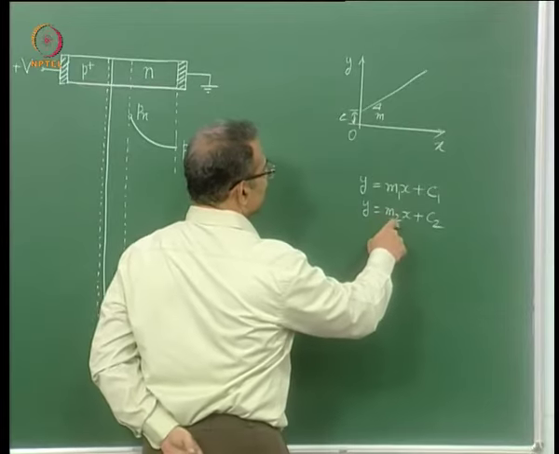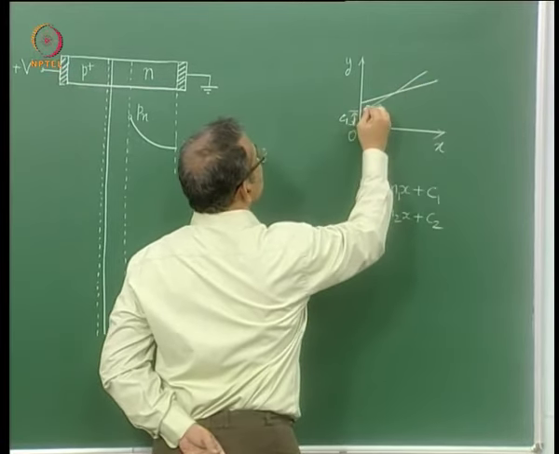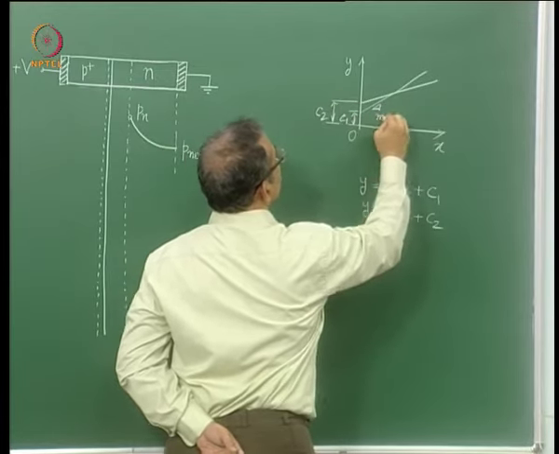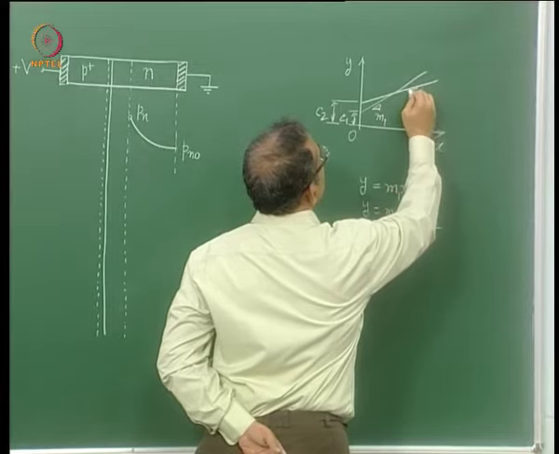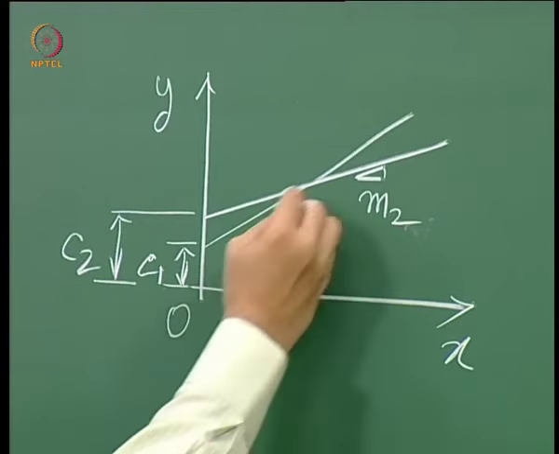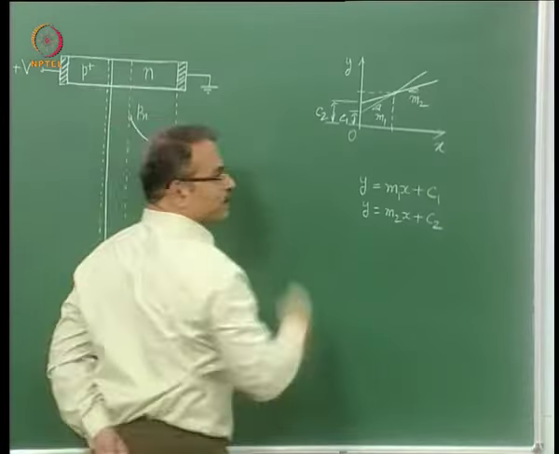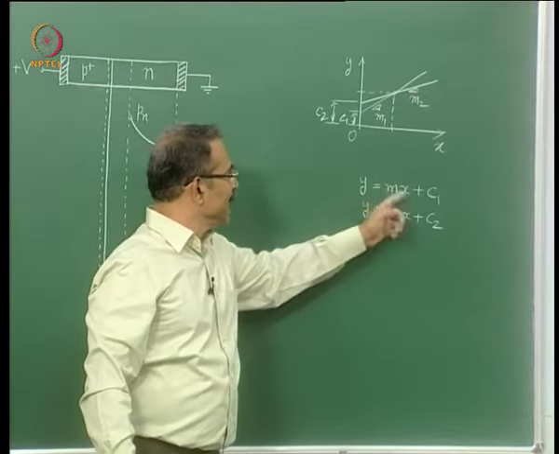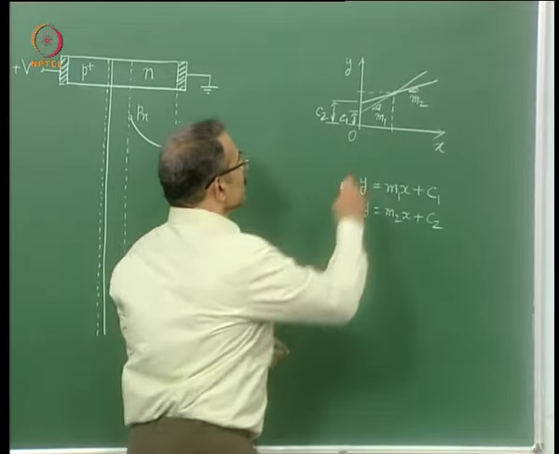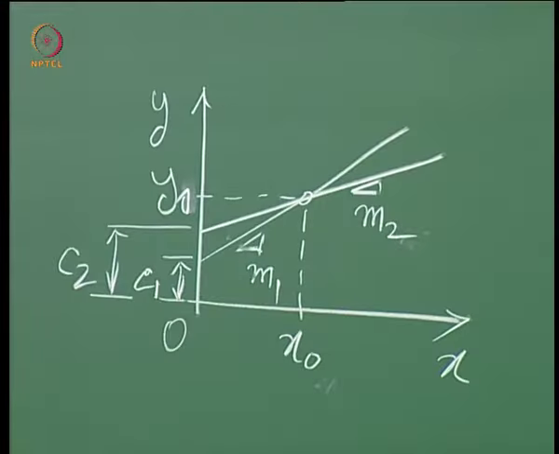I will plot this second line also on the graph, which may be, say, something like this, where if this is c1, then this is c2, this is m1 and this is m2, and then the point of intersection here gives me the solution of these two. So I could get the solution by actually algebraic manipulation. Alternately, I can get the solution using this graph, x0 y0, that is the solution.